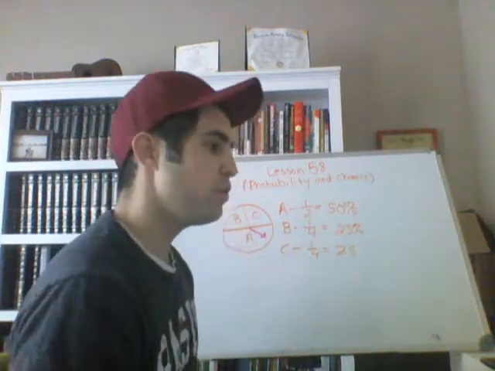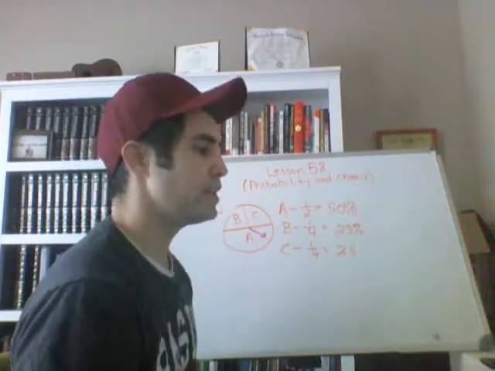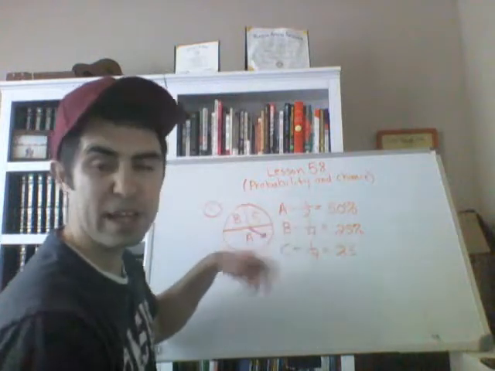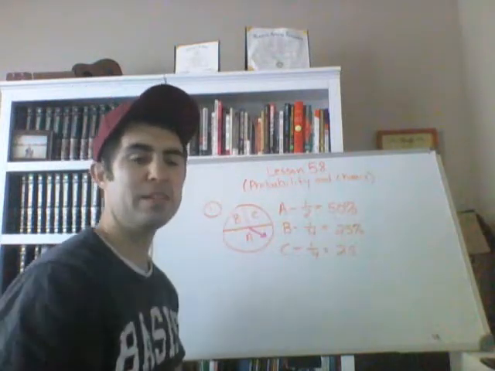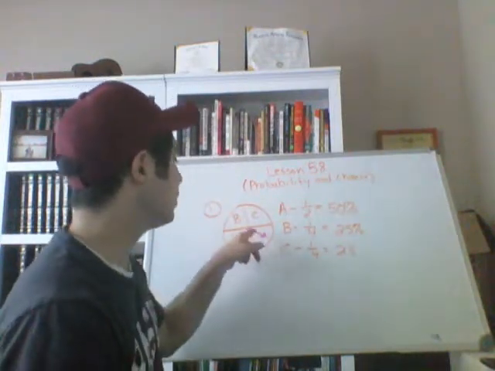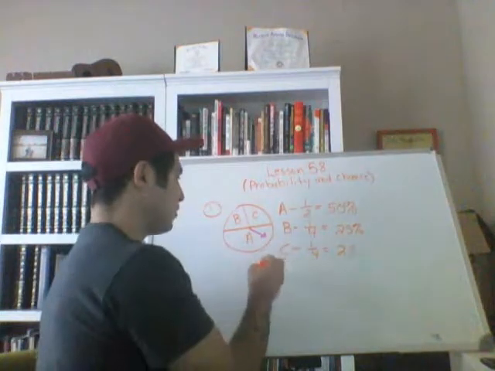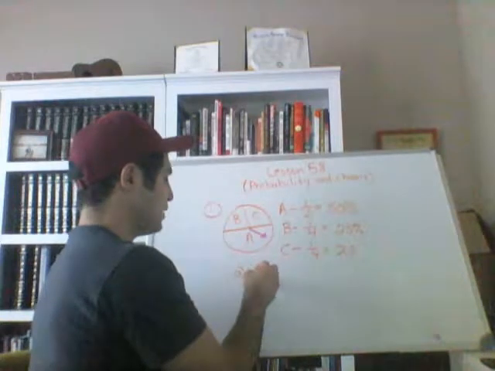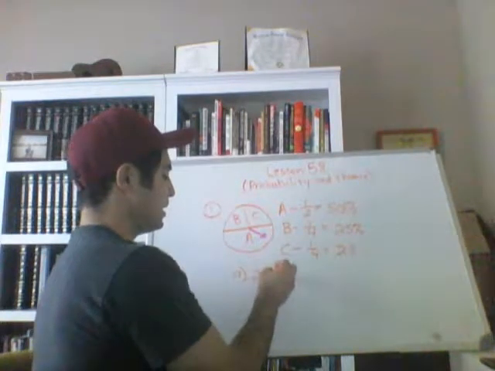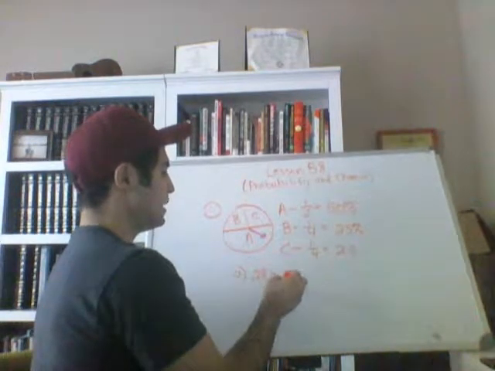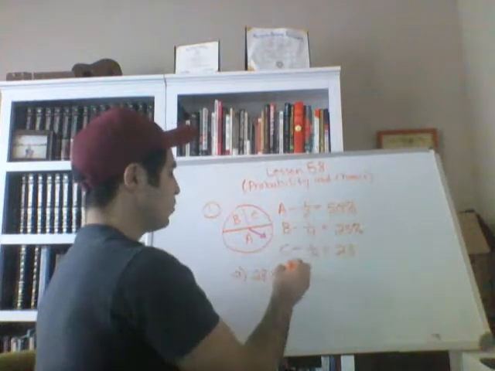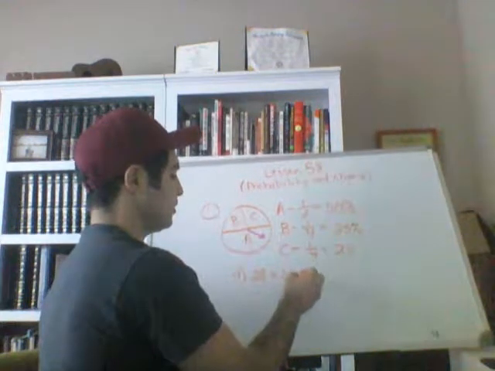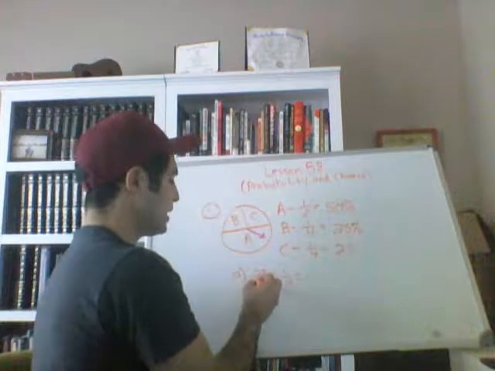Okay, so the question is, if you spun the spinner 28 times, about how many times would the arrow land on A? So, in order to find that out, you would take 28 spins, and you would multiply that by A, which is 1/2. You guys know how to make 28 into a fraction.